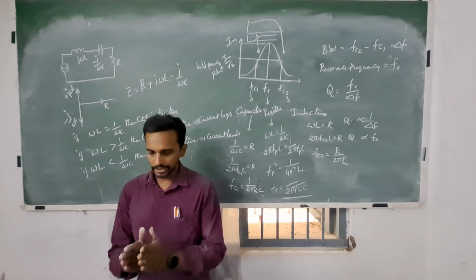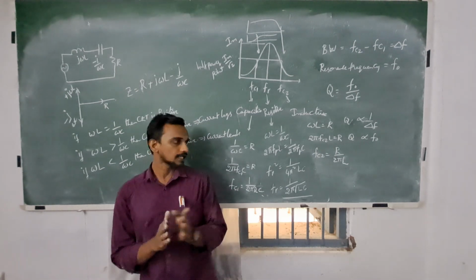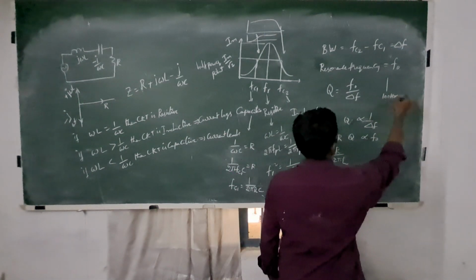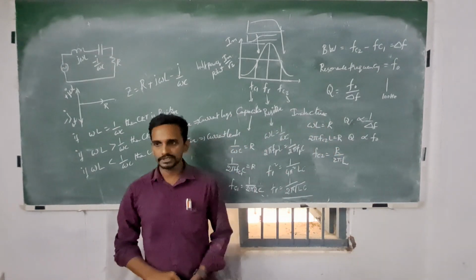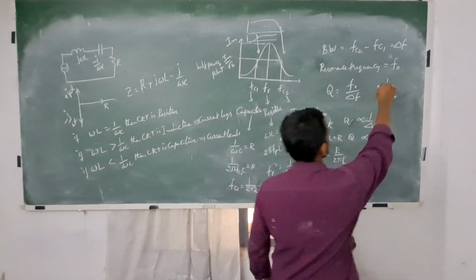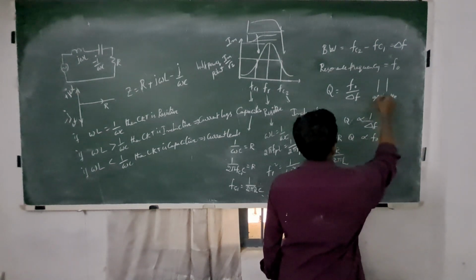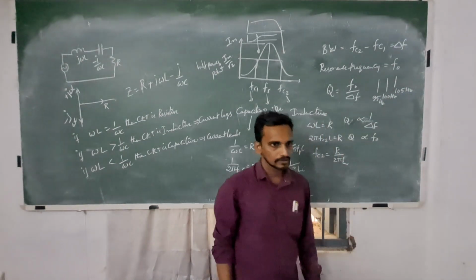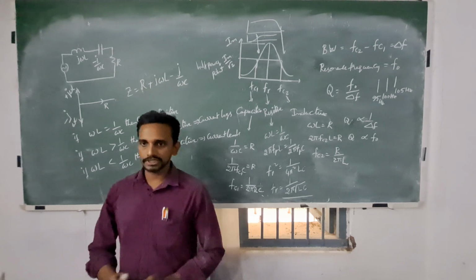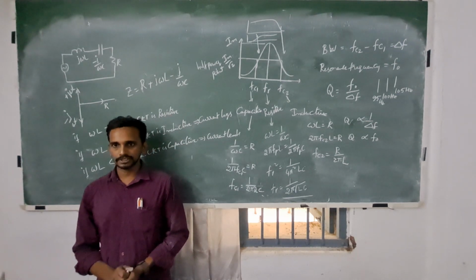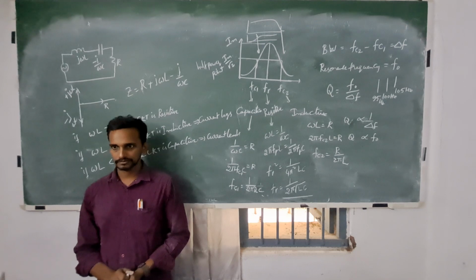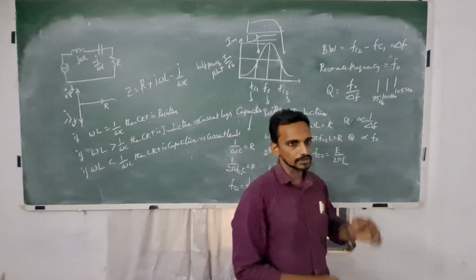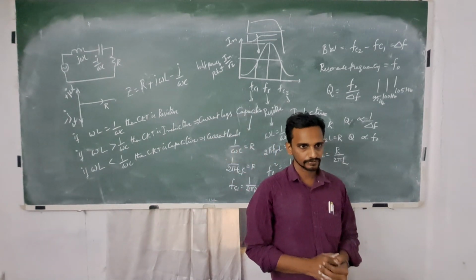Let's say I want to select 100 hertz, so my aim is to select 100 hertz and the bandwidth is 10. The unwanted frequencies entering the circuit are from 95 to 105. So what is the error? There is a 10% error. I wanted to select 100 hertz and extra frequencies entering the circuit are in a band of 10 hertz.